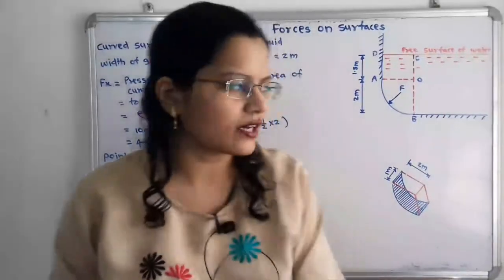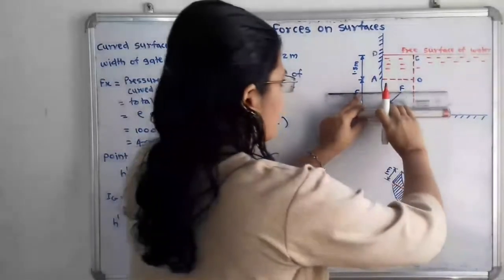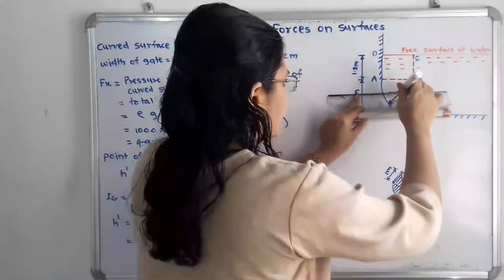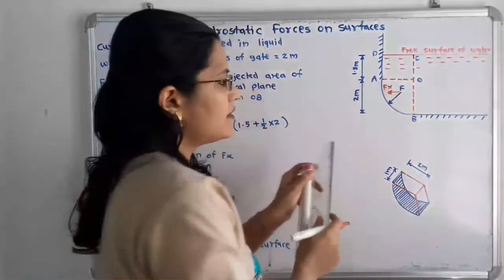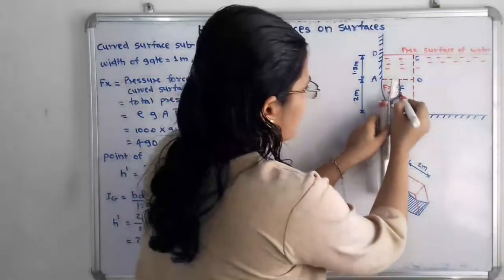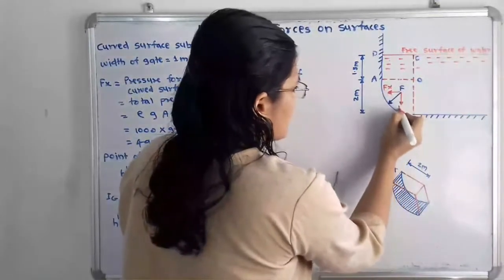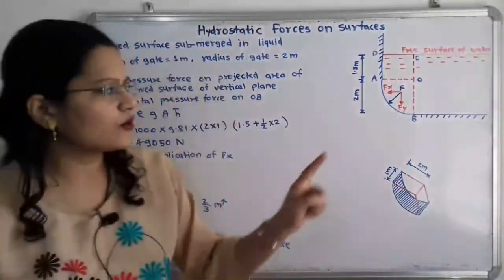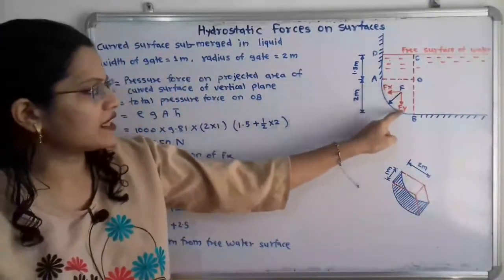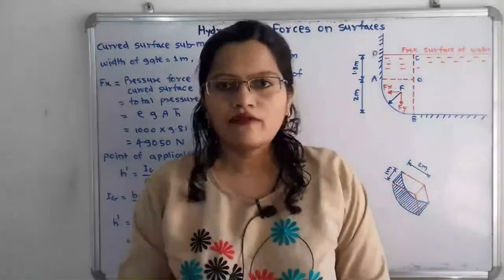The horizontal component we can resolve in this direction, that is Fx, and the vertical component I will show here, this is Fy. So we have to find the components of this force F, that is Fx and Fy.